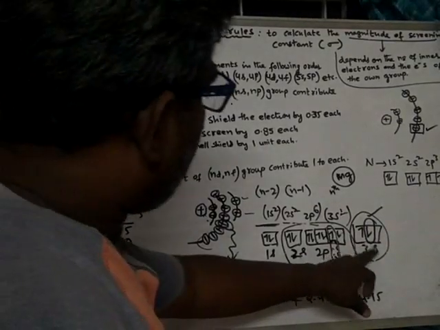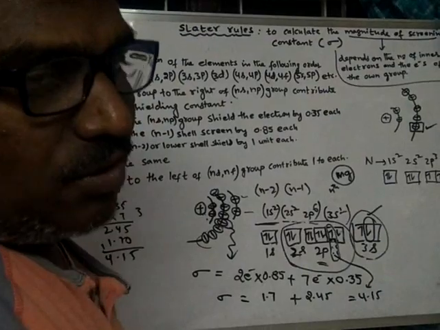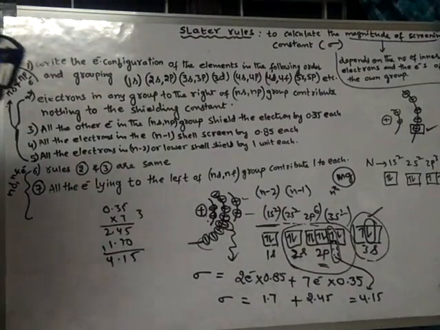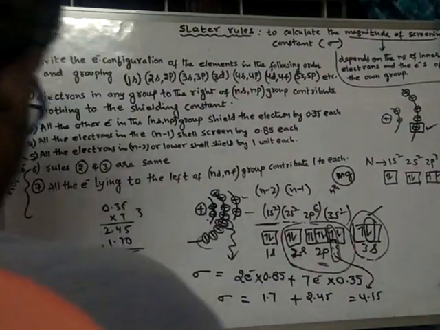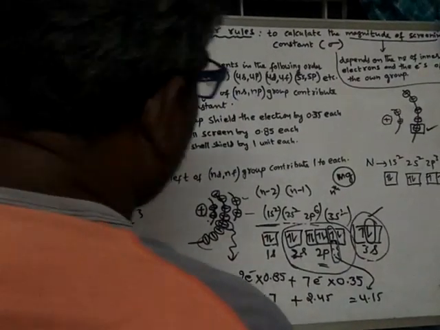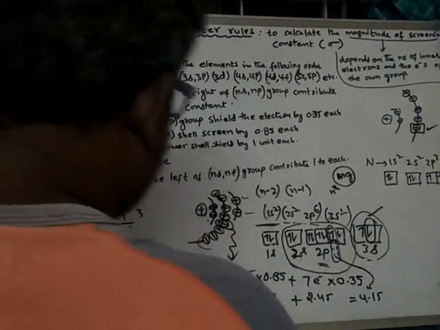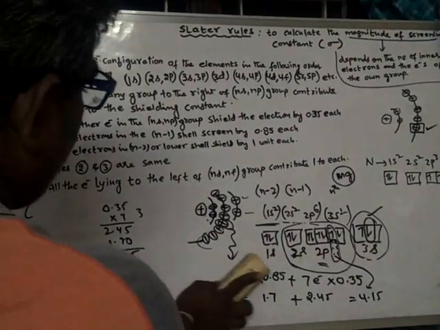See here, now we are going to calculate the screening effect on this electron, that means on the 3s electron. So in this case, what will be the screening constant? For this electron, how much is it? 4.15. Now we are going to calculate the screening constant on this electron. So I am rubbing it off.